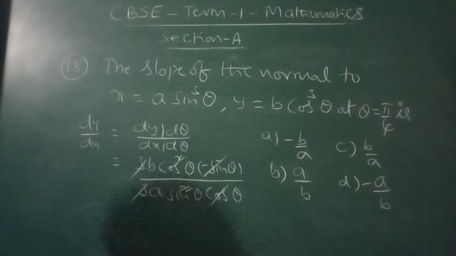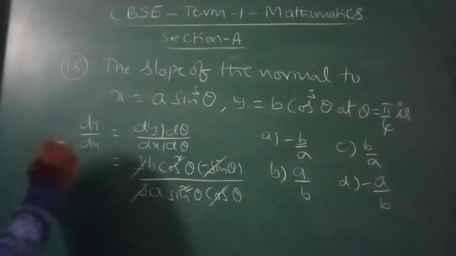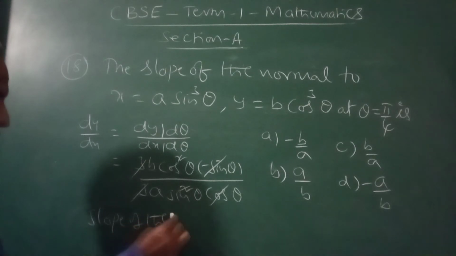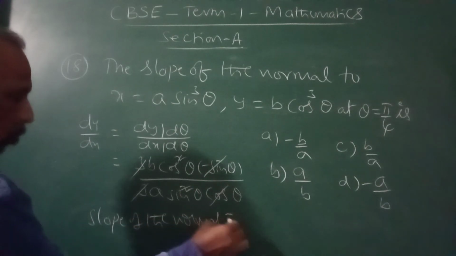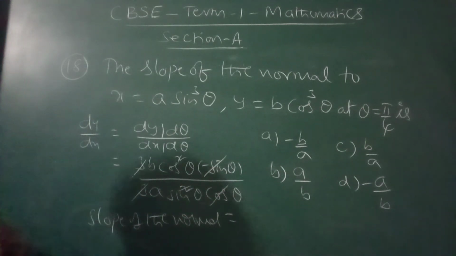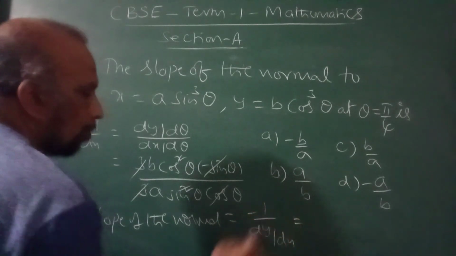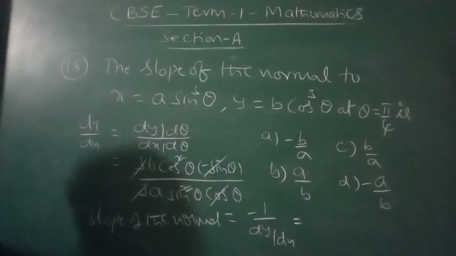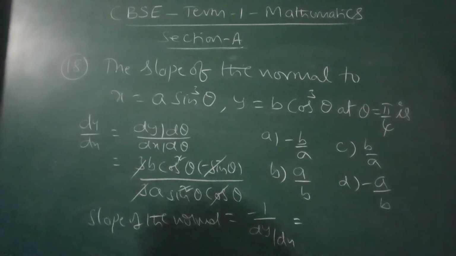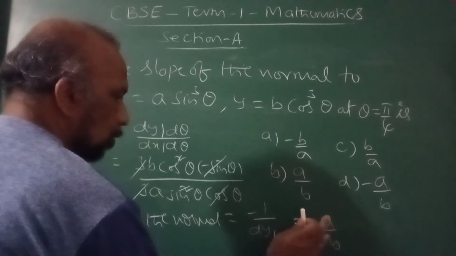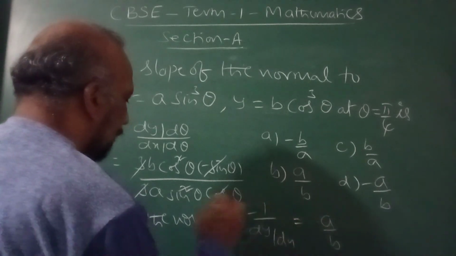What is the slope of the normal? This is the slope of the normal I want. The slope of the normal is minus 1 by dy by dx. So reversing it, minus the negative, you will get a by b tan theta.